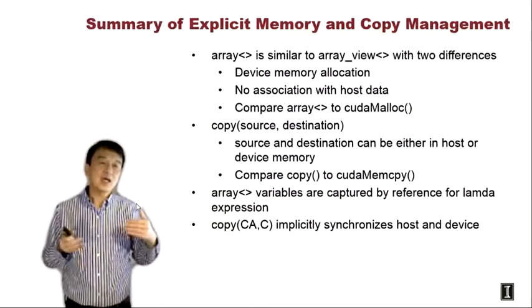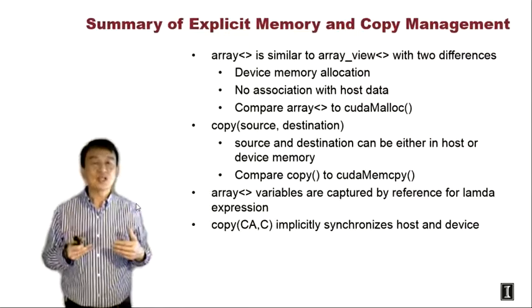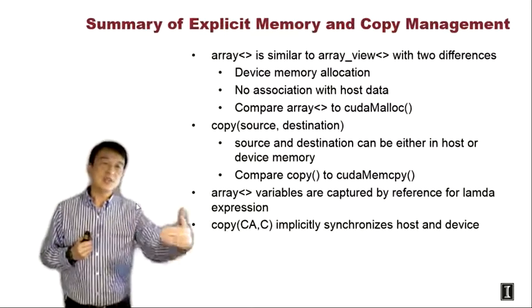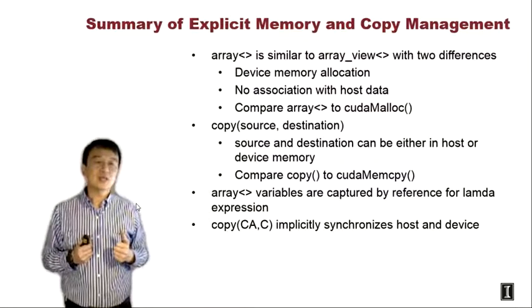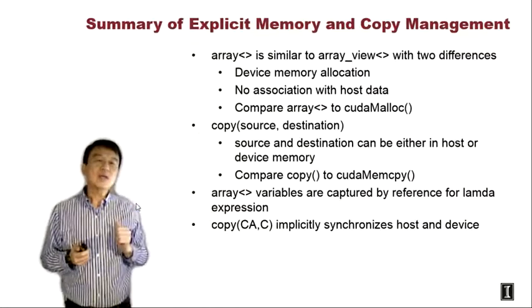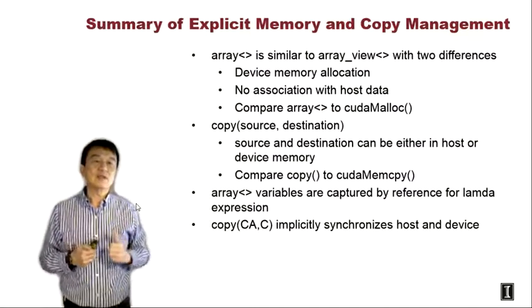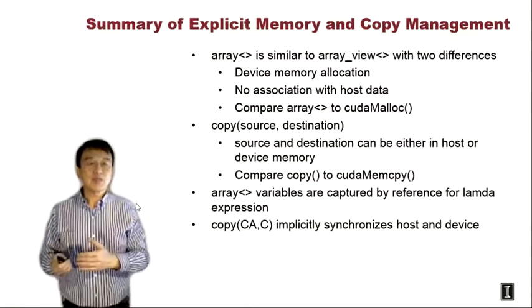That's why array view has to associate the newly declared variable with existing host data. So you can compare the array construct to CUDA malloc. That's the closest equivalence between C++ AMP and CUDA.